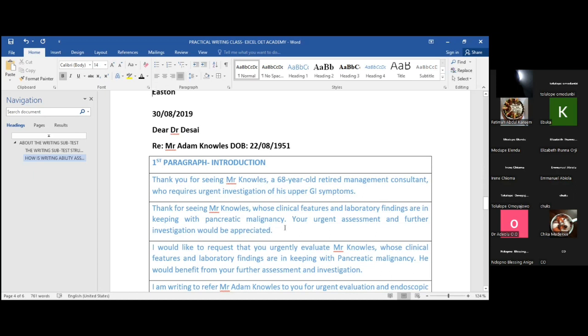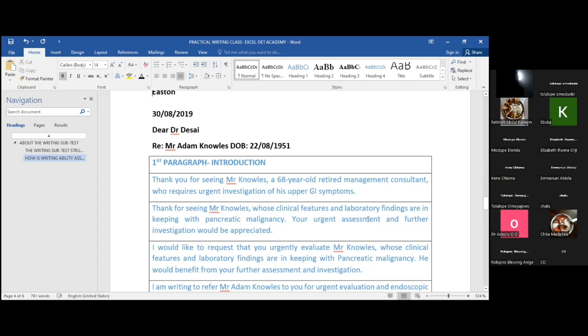All right. Remember that in the case notes, it was assessment that was written. Okay, so in OET writing, if you have something that can replace certain vocabularies, you can change it if you want to. For example, I can easily say your urgent evaluation, okay, which is a synonym to assessment. So I can say your urgent evaluation, right?